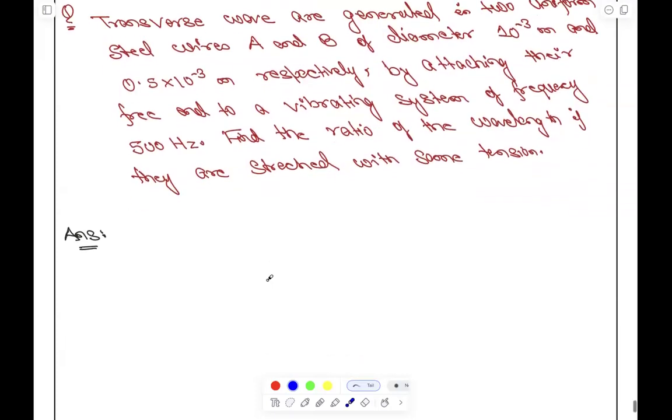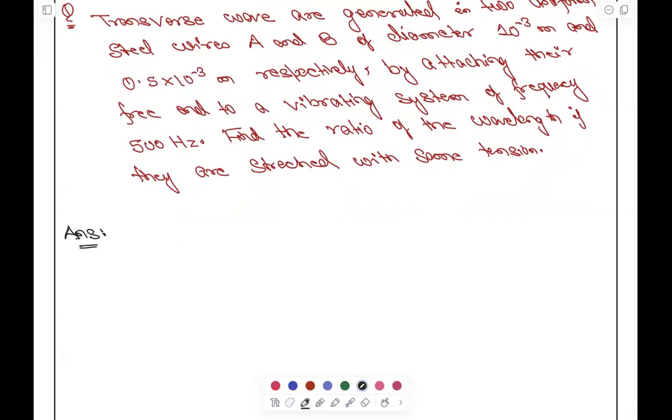Answer, please. Can I say that कि V is equals to root under T by mu? बताओ, what we will be using here? अच्छा, what is mu here?